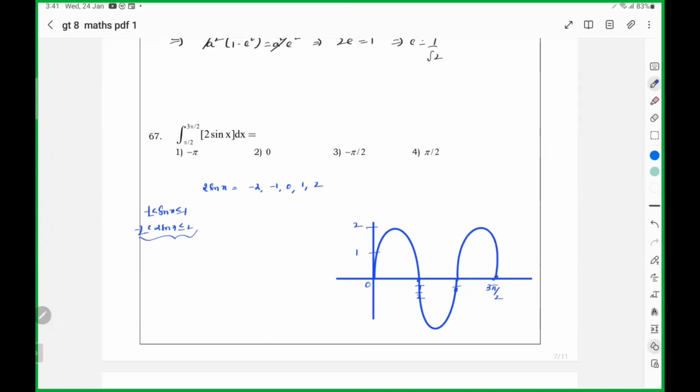So this is the graph. So where it is 1, sin x is half, that is at pi by 6 and 5 pi by 6, right?